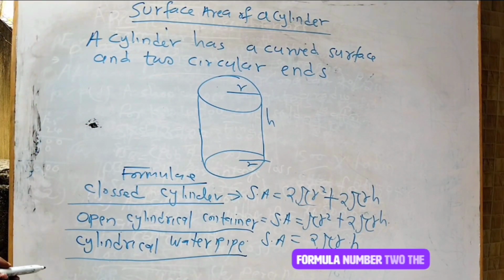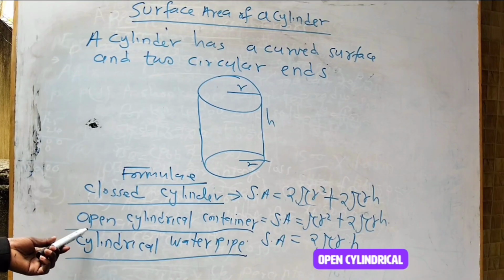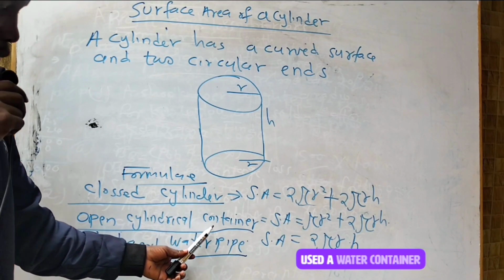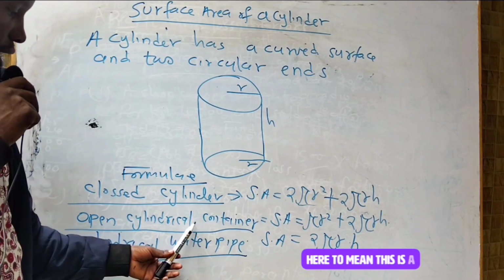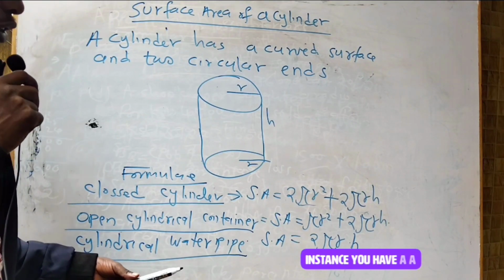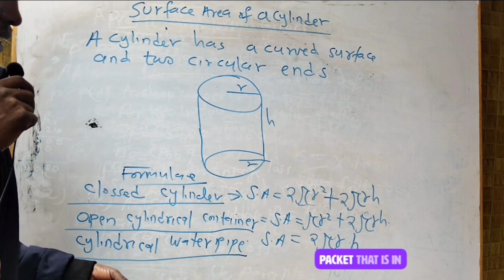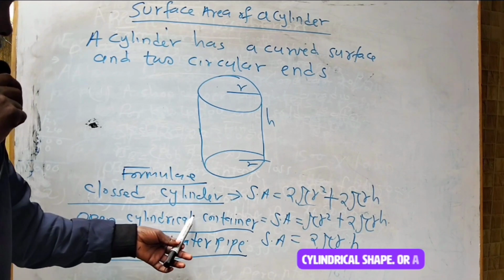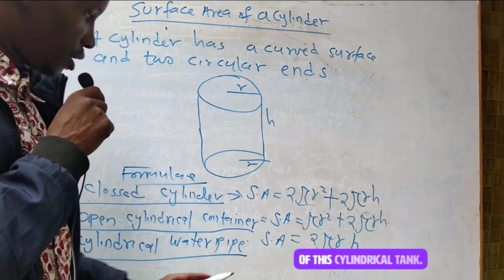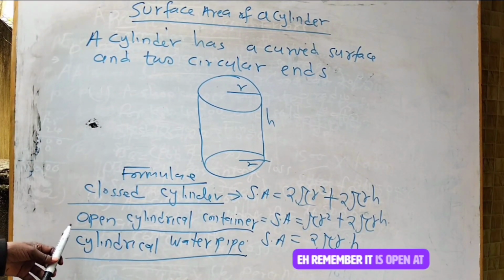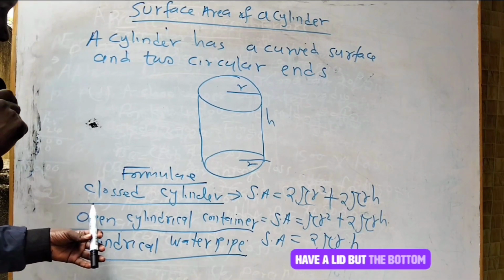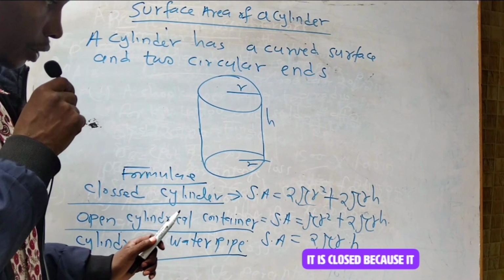Then let us go to formula number 2, the open cylindrical container. I used the word container to mean this is used to store something. For instance, a water bucket that is cylindrical in shape, or a water tank. So what is the formula for the surface area of this cylindrical tank? Remember, it is open at the top and doesn't have a lid, but at the bottom it is closed because it is a container.